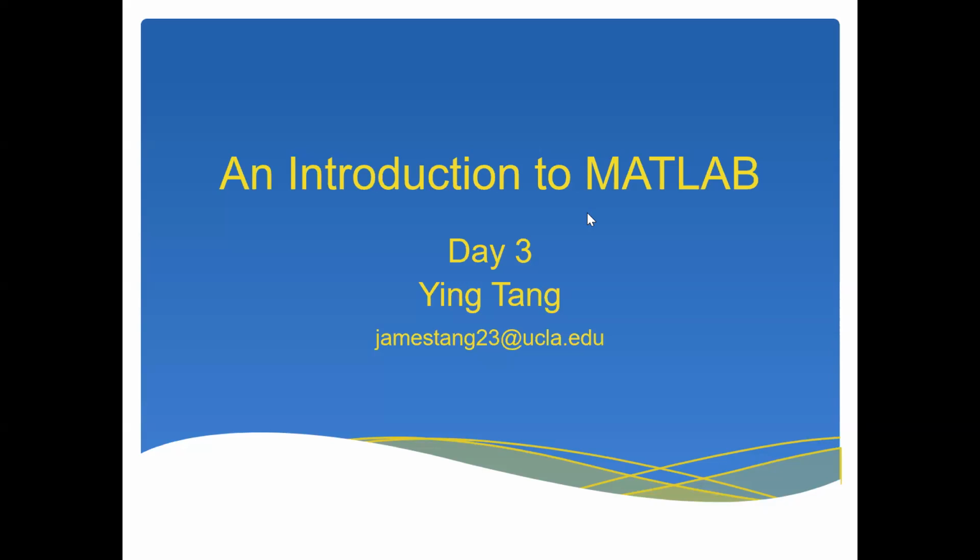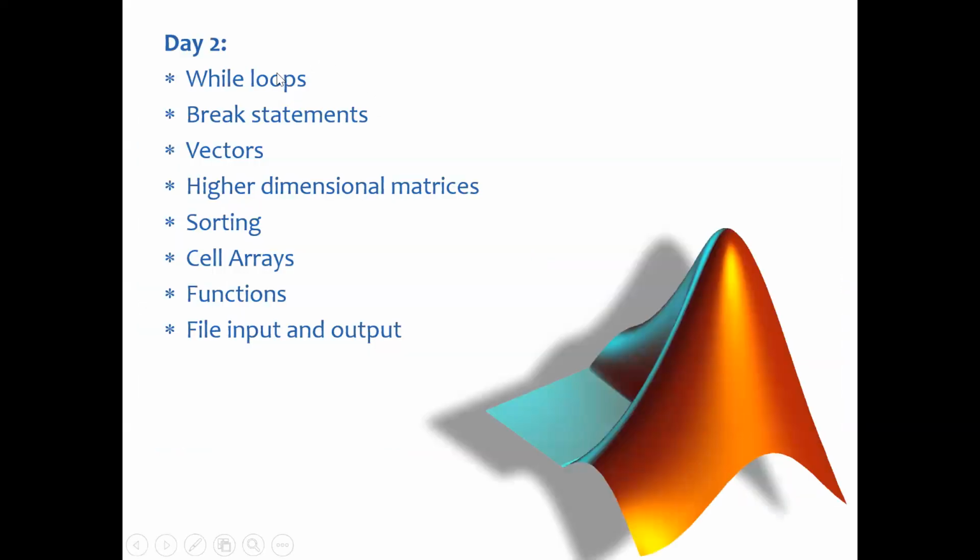And for day 3, before going to day 3, let's briefly review what we covered yesterday. One thing is while loops. If you can remember how we use while, it is equivalent to for loops. Another statement is break, where we can break out of loops anywhere we want.